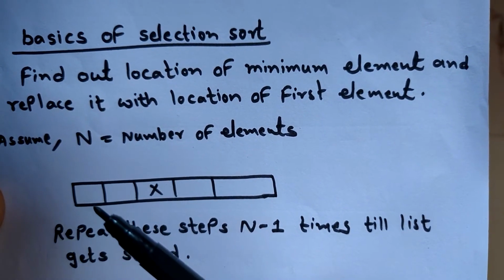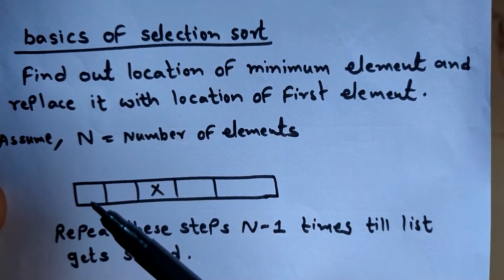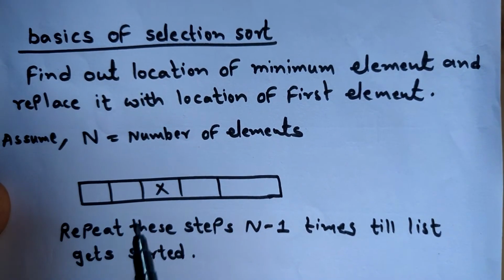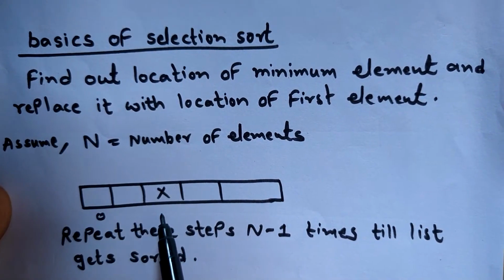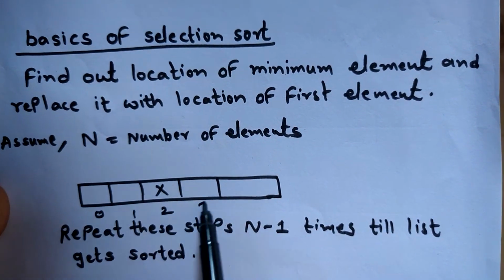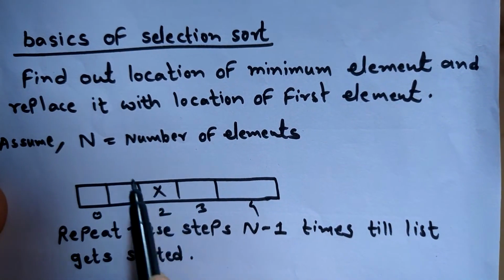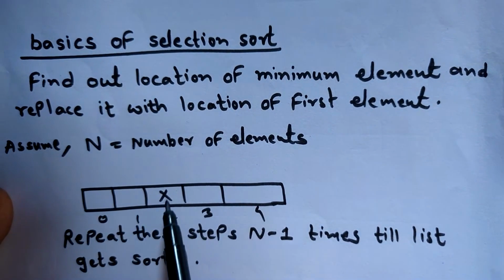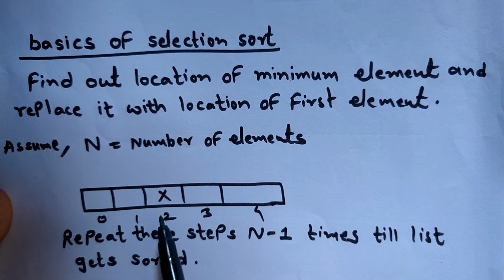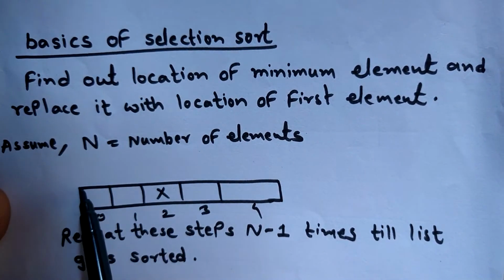At first, the first element is the 0th index element, meaning this one. Suppose we have found the minimum at the second location. So x will be replaced to the 0th position.